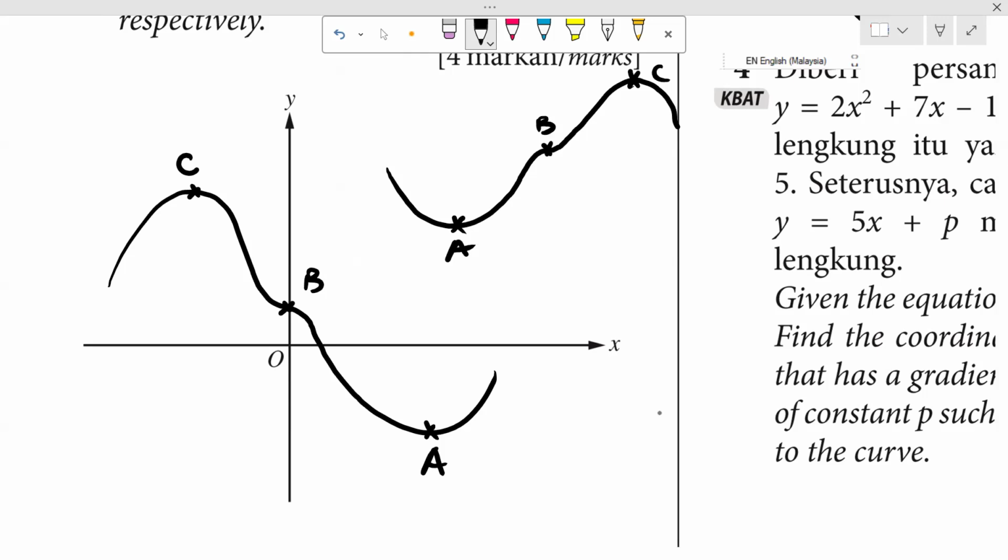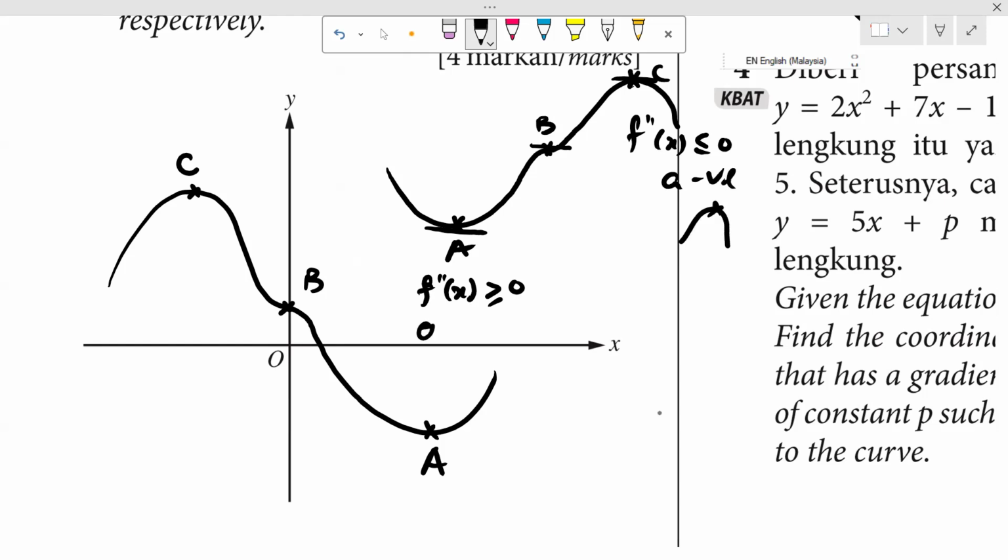So let's double check. When I do the gradient of tangent differentiation, first order differentiation, I will have my m_T equals 0. Okay? And then I do the second order of differentiation. I want to test the nature of the point. This one, you will have the double derivative greater than 0. This one will be double derivative less than 0. Less than 0 is like a negative, a negative sad face.